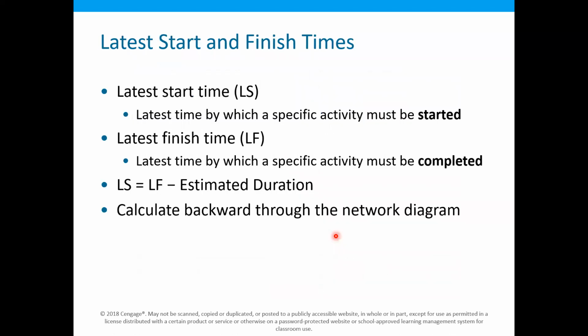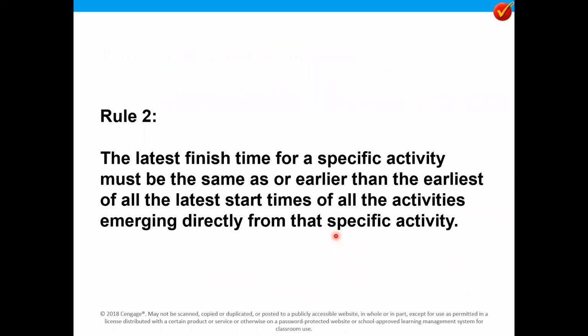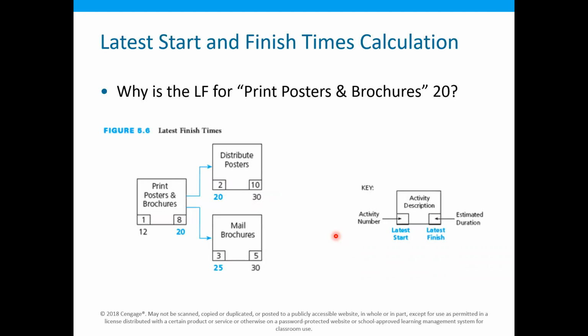And then later on, when you do the backward pass, you can also calculate the latest start time and the latest finish time. So for this, we will apply rule 2. The latest finish time for a specific activity must be the same as or earlier than the earliest of all the latest start times for all the activities emerging directly from that specific activity.